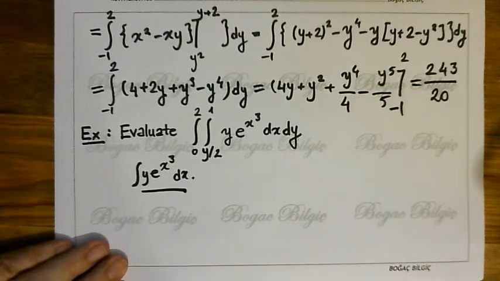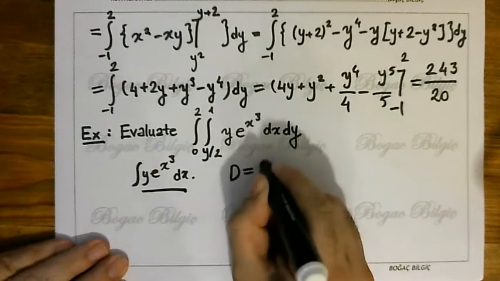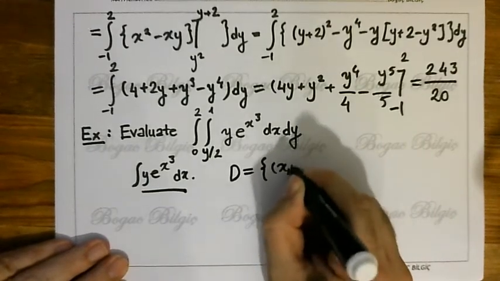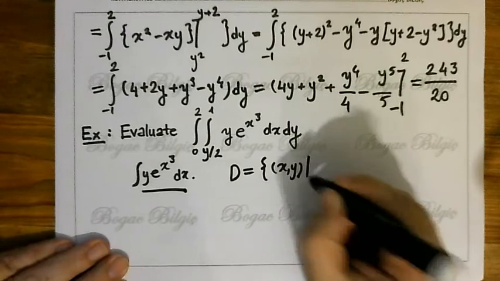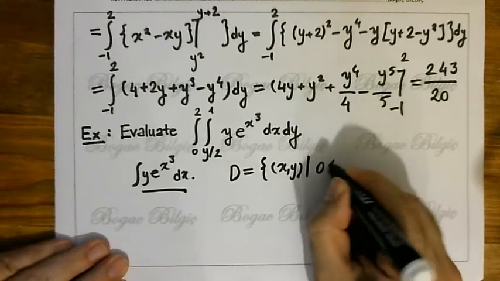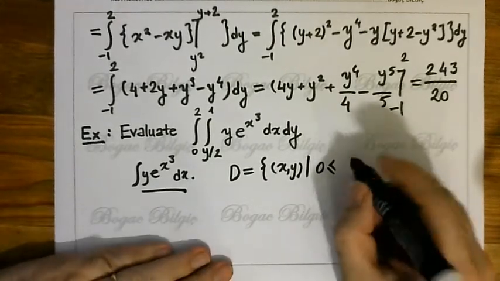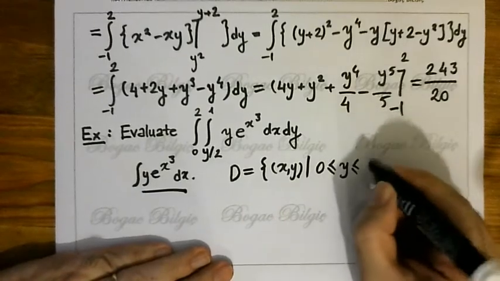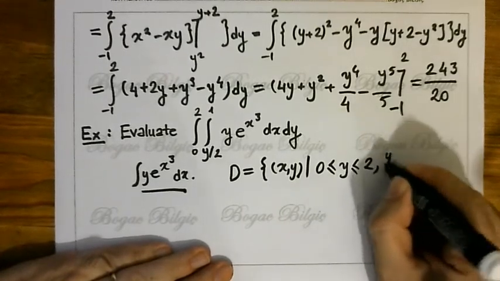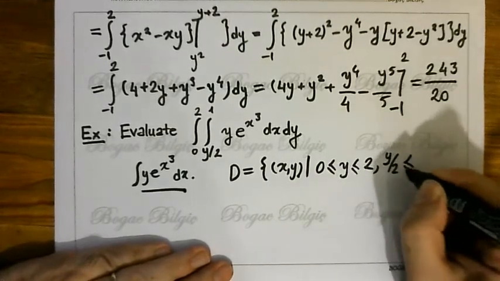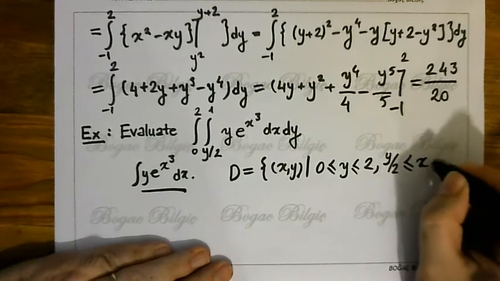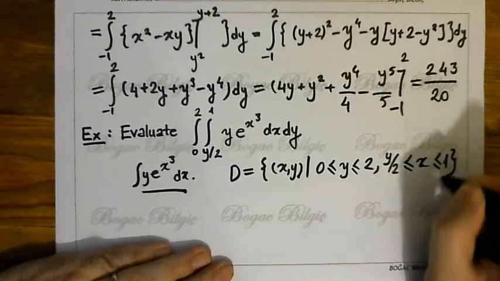The order of integration of the given integral suggests that the integration region D is the set of (x, y) such that 0 ≤ y ≤ 2 and y/2 ≤ x ≤ 1.